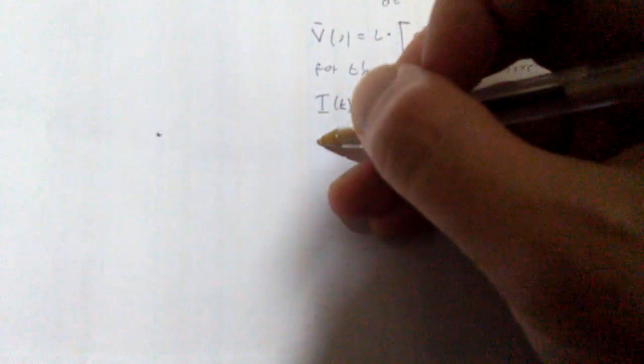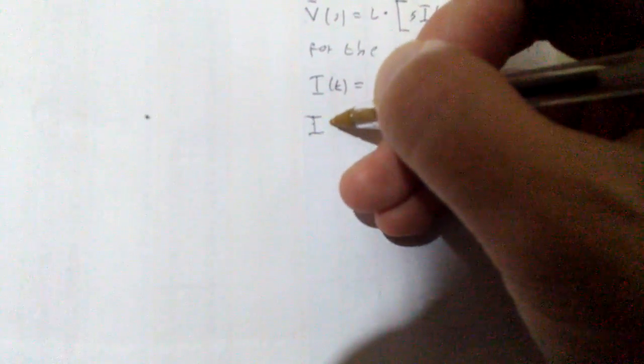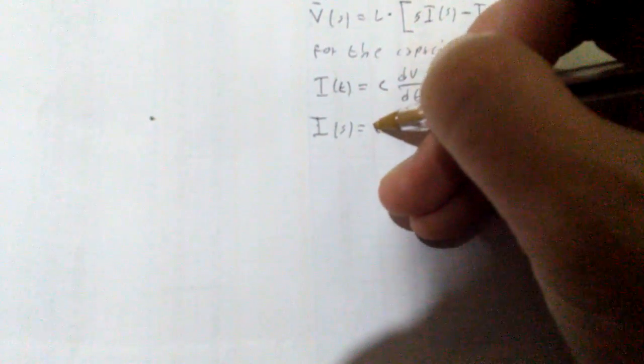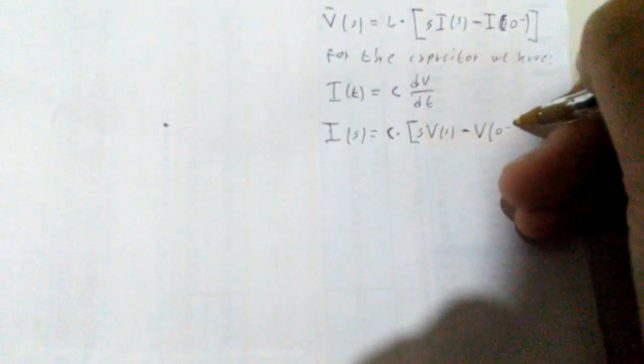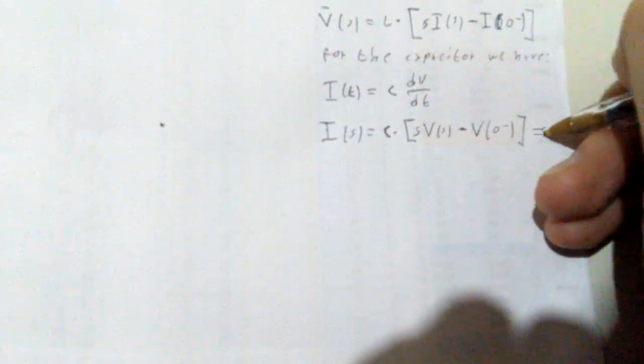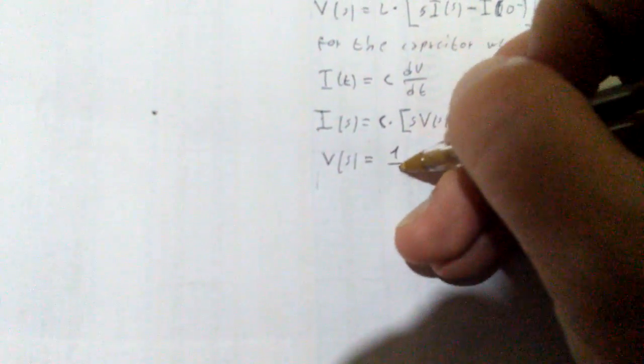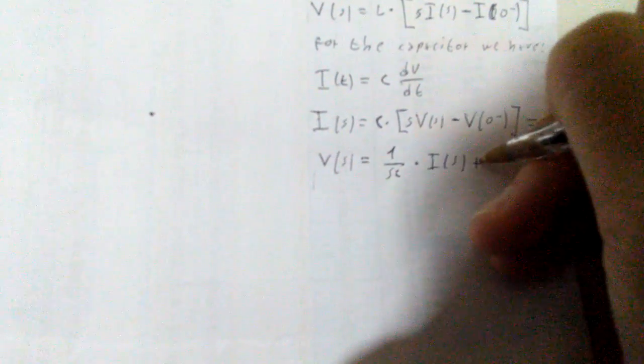So applying the Laplace transform to this, we would have I(s) equal to C times (s V(s) minus V(0 minus)), which we can rewrite as V(s) equal to 1 over sC times I(s) plus V(0 minus) over s.